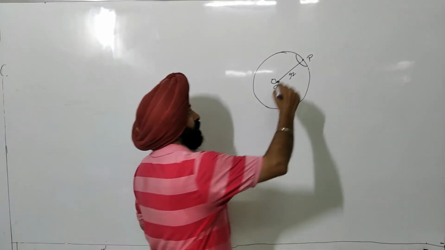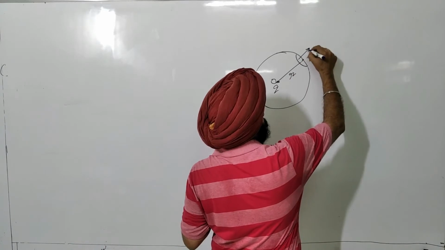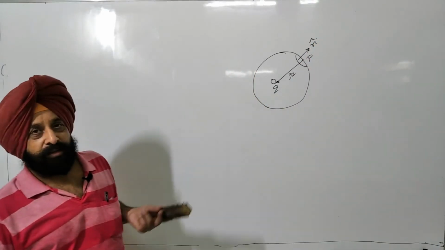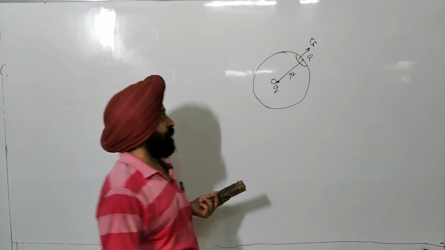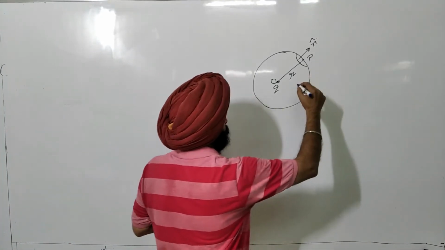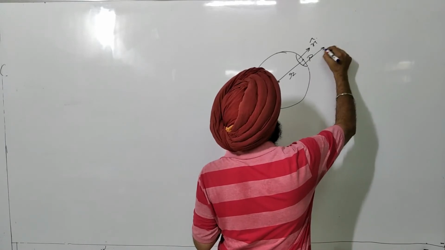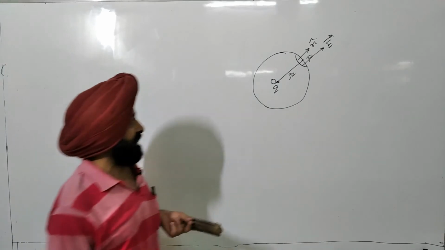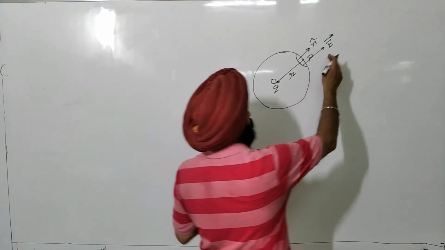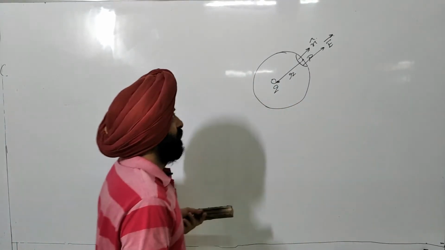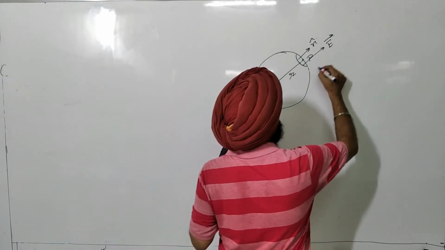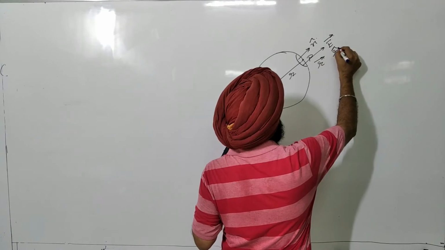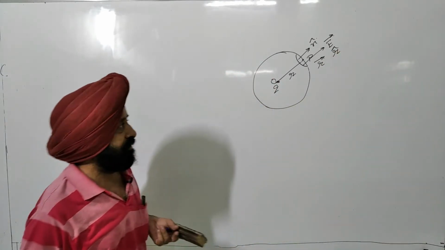We take the area vector whose unit vector is the normal drawn outward, that is n cap. The electric field is also radiating outward, so E is along the radius vector, along r cap.